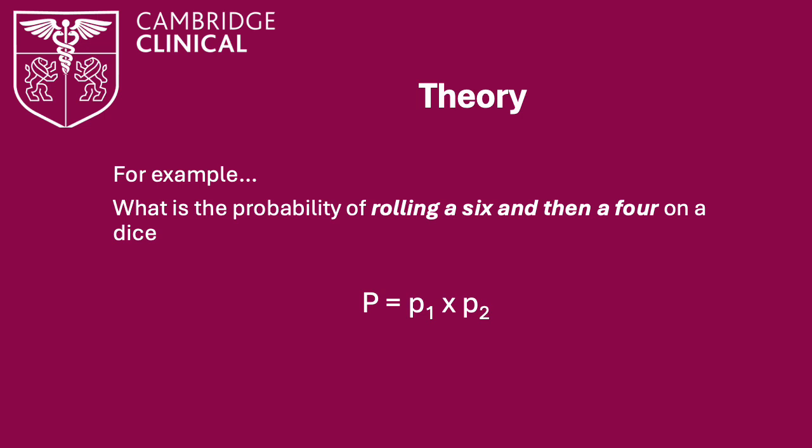Or in other words, rolling both a 6 and a 4 in one turn. So as before, we know that the probability of rolling a 6 is 1 over 6, and the probability of rolling a 4 is 1 over 6. Therefore, the probability of rolling a 6 and then a 4 is 1 over 6 times 1 over 6, which gives us 1 over 36.